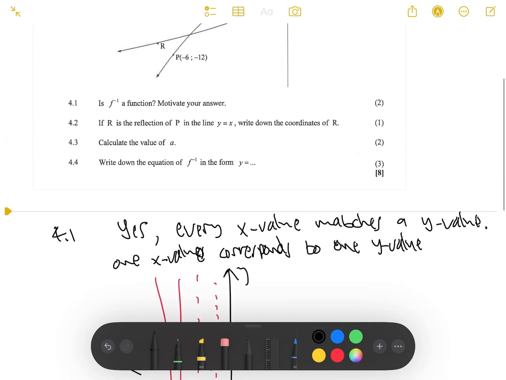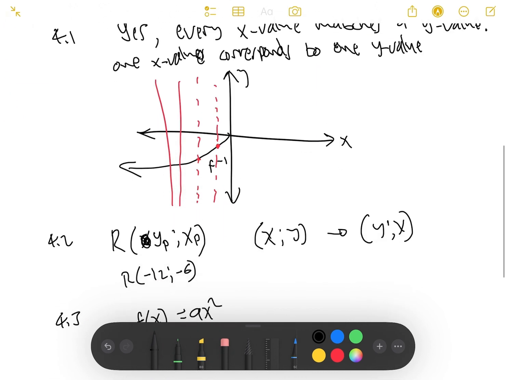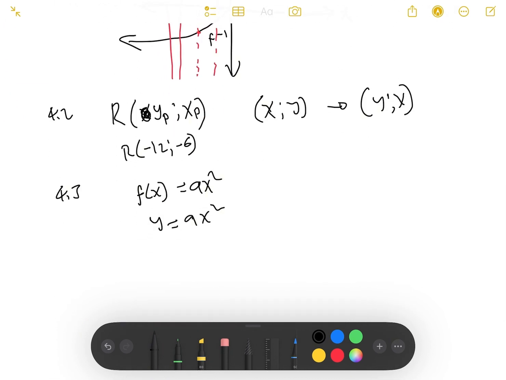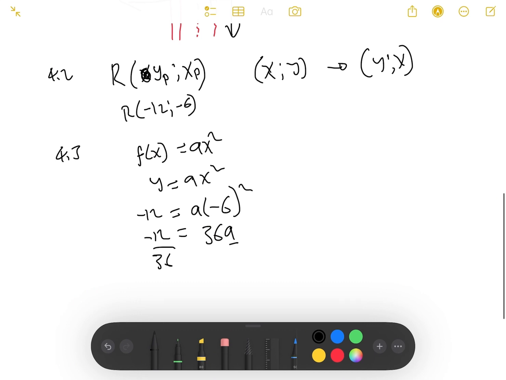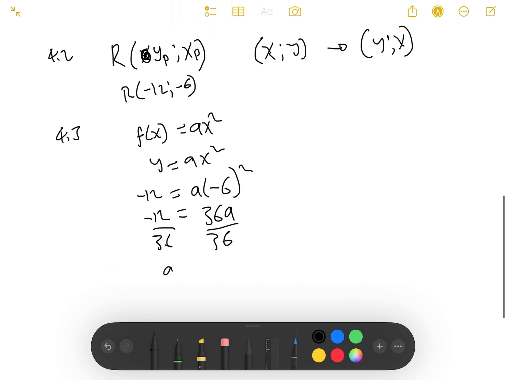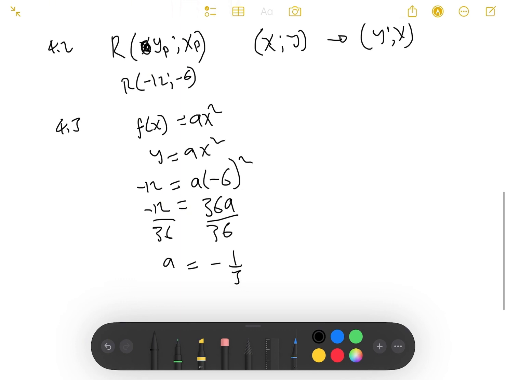Our y value is negative 12, and then we have a times negative 6 squared. So negative 12 equals 36a, divided by 36 both sides. Therefore a is negative 1/3. Okay, we're done with that one.